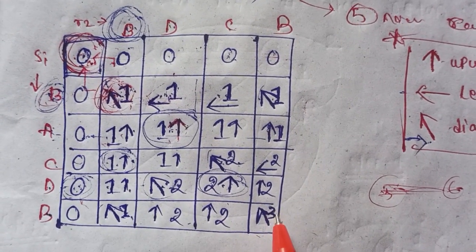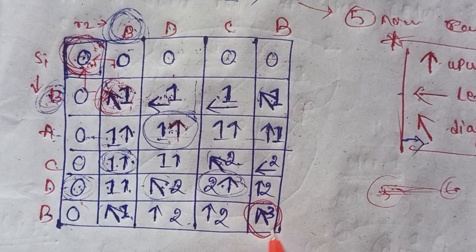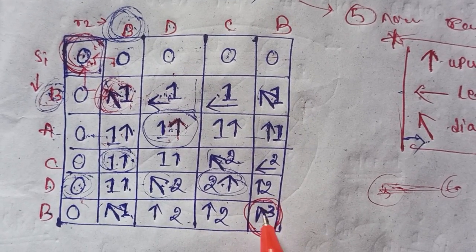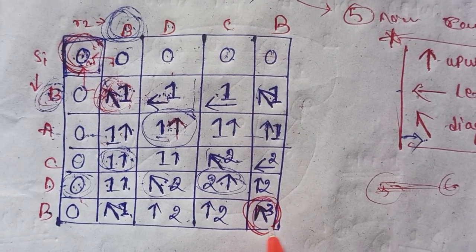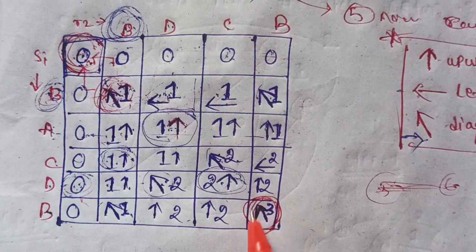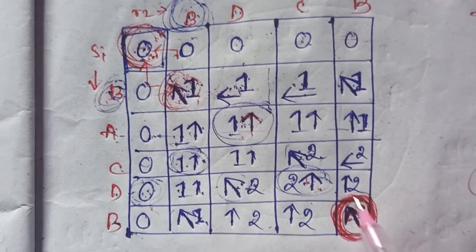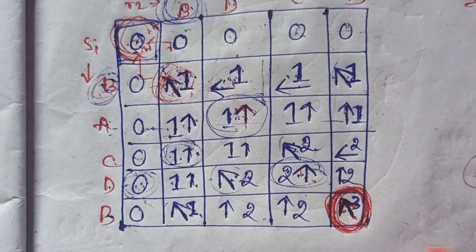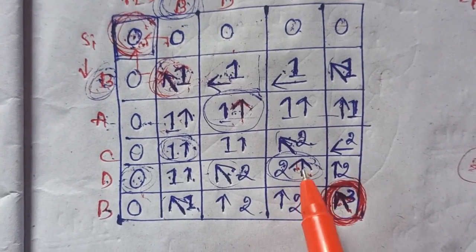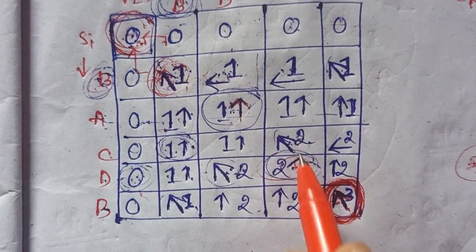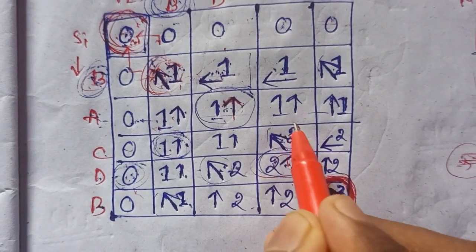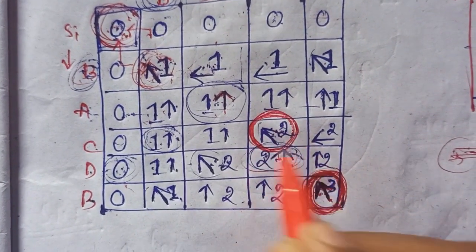The last cell is 3 and the arrow mark is diagonal. Remember one thing: when the diagonal arrow comes, we have to mark it out. After this we go to this cell, which indicates upward. Here a diagonal is also present, so we simply mark it out.